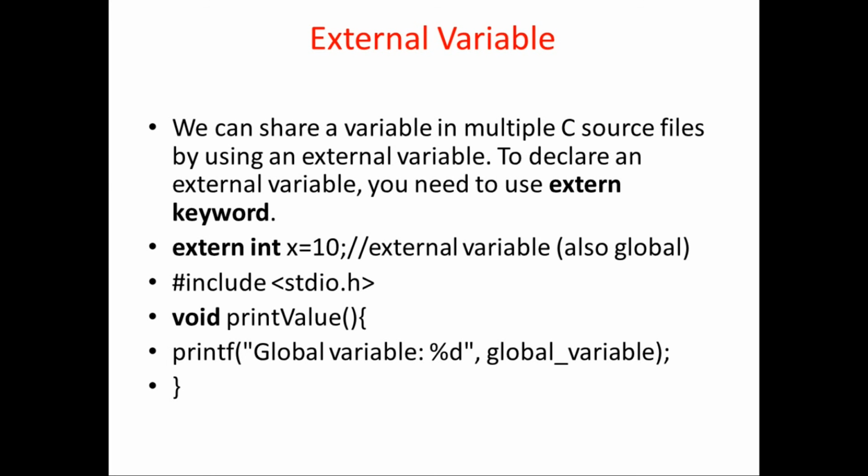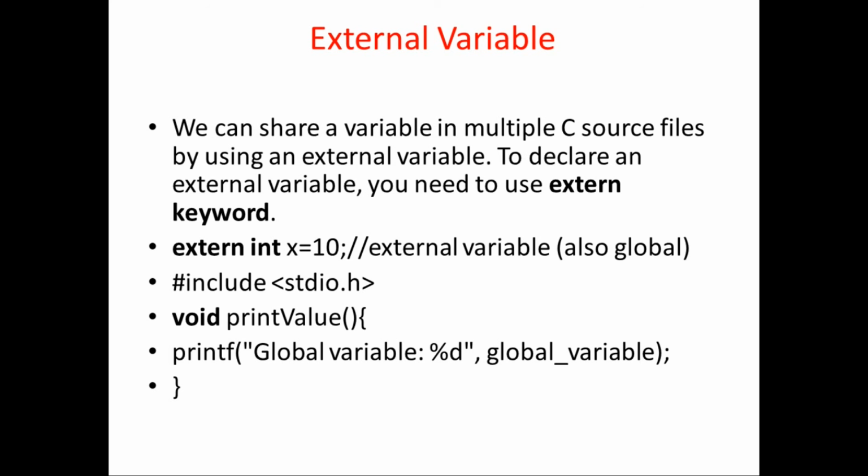The next one is the external variable. For an external variable, you use the keyword extern before your variable declaration. The extern keyword, or external variable, is also used to share your resource with multiple C source files.